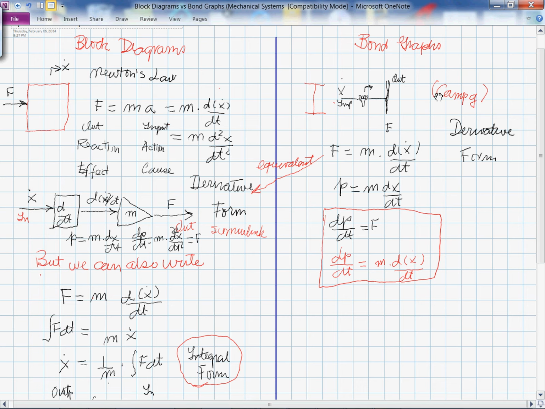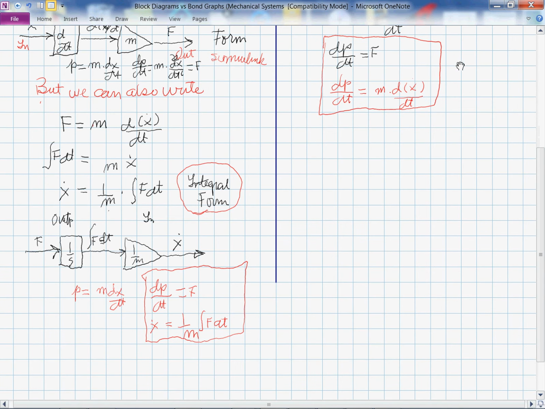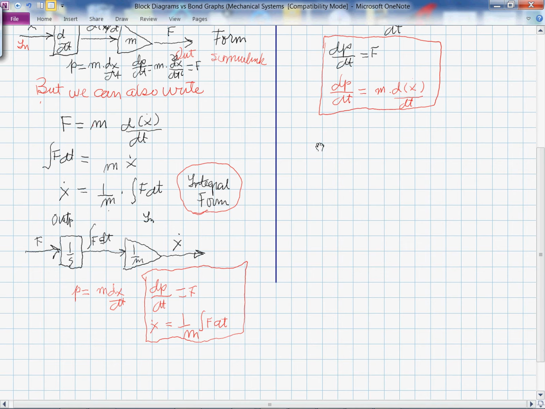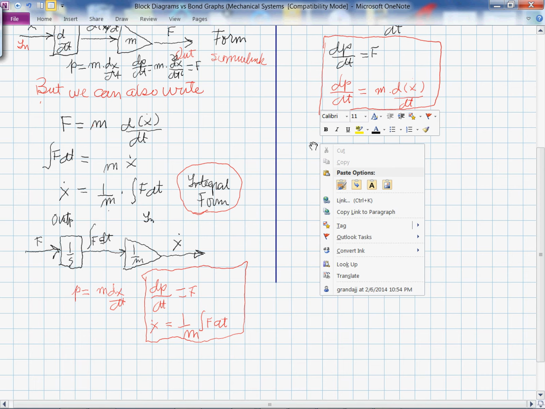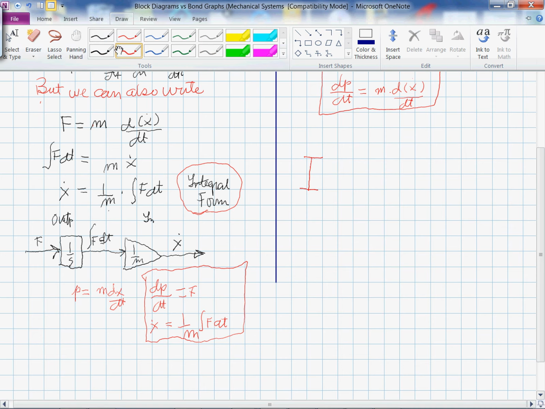So if we go down a little bit and we look at the other form in here for the bond graph model, and if we look at this other form, we have the I element over here like this, and we're going to use the same type of representation here.